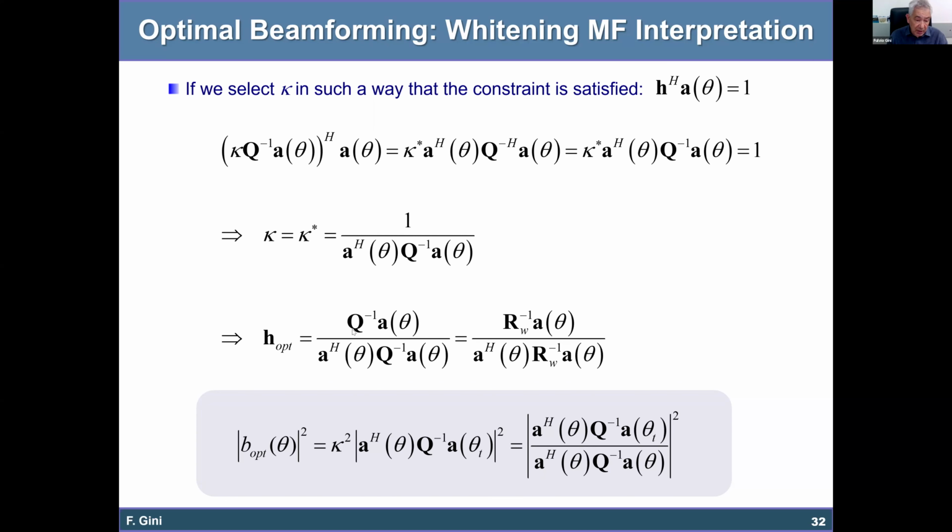You can express it either as a function of the normalized disturbance covariance matrix or as a function of RW that includes also the power. I mean, they are perfectly equivalent. So if you find the power beam pattern with this value of K, this is the solution. And when theta equals theta t, this ratio is 1, and so you have the constraint satisfied.